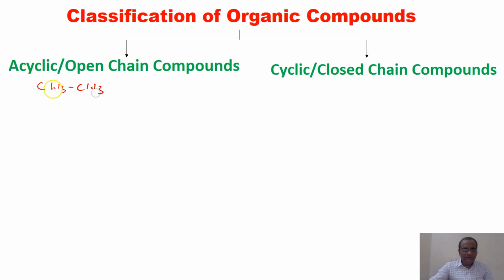So ethane, you can see that there is no cycle and it is open chain. Or there may be some branch chain compound like isopropyl. I will remove one hydrogen. It does not contain any hydrogen.